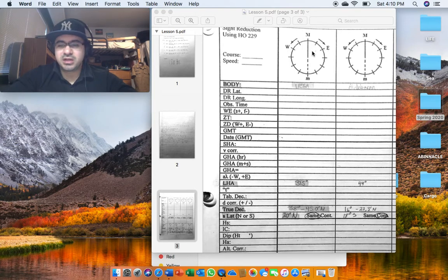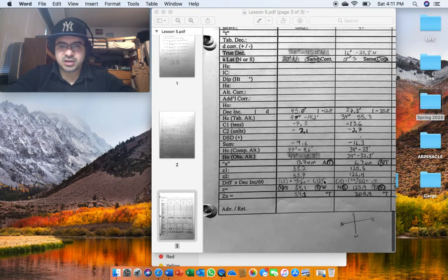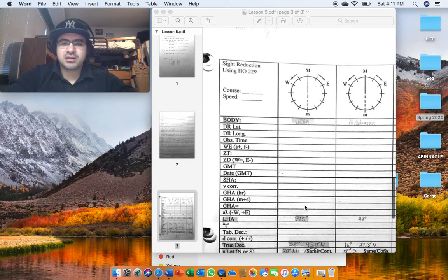So it's only 315, 360 minus 315, 45. So our T is 45, and it's going to be 45 degrees east. Your T is the 45 east, which that east right there tells you that it's east. Whichever way helps you memorize it.